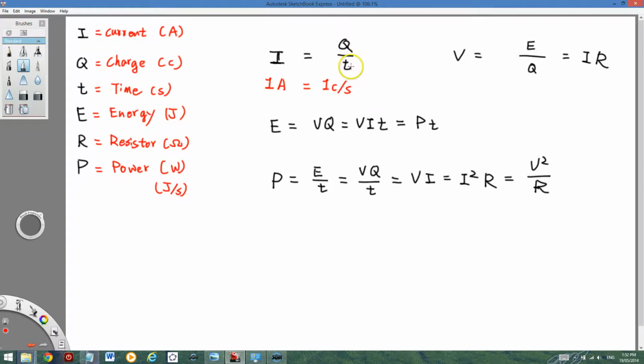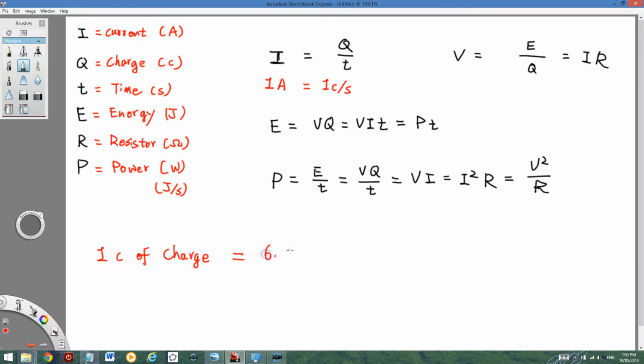If you forget what 1 coulomb means, just remember that 1 coulomb of charge is basically the charge carried by 6.25 times 10 to the power of 18 electrons.